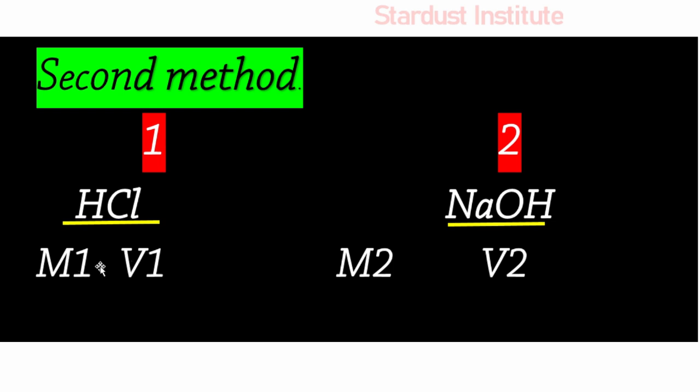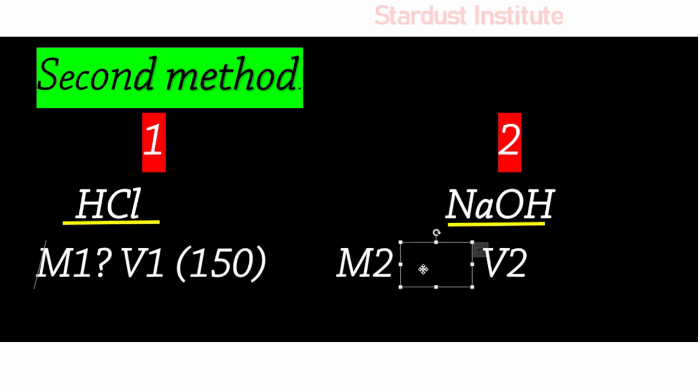We don't know M1, the molarity of this HCl solution. We have to find it. We know V1, the volume of this HCl solution, 150 milliliters.